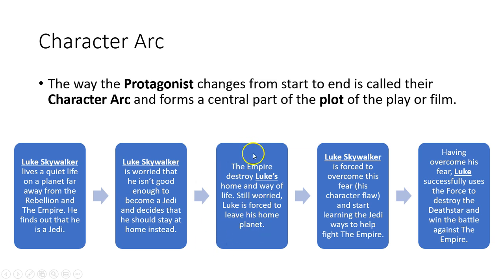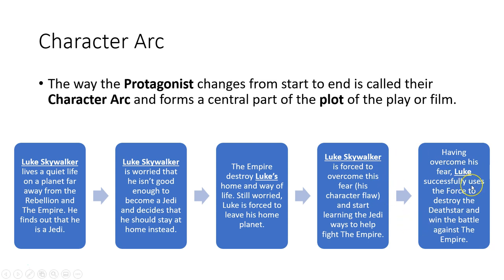Because events overtake him somewhat, and the Empire destroys Luke's home and way of life. And so, still worried, Luke is forced to leave his home planet. He's on his journey to overcome his worry, but it's still there. He still can't quite grasp it. But eventually he's forced to overcome his fear, which is of course his character flaw, and starts to learn the way of the Jedi to help fight against the Empire.